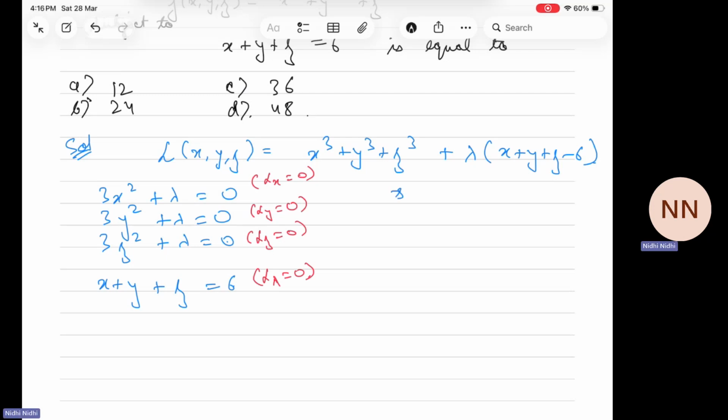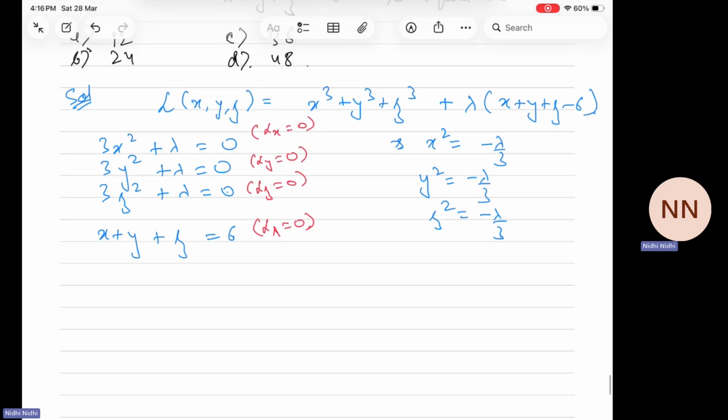From here we get x square equal to minus lambda by 3. Similarly, y square is equal to minus lambda by 3, and z square is equal to minus lambda by 3.